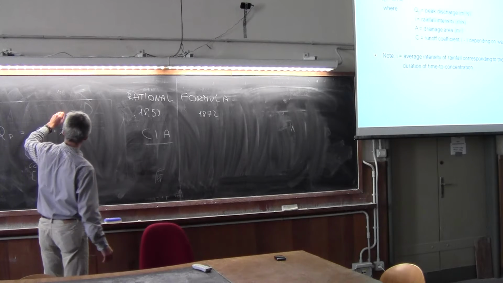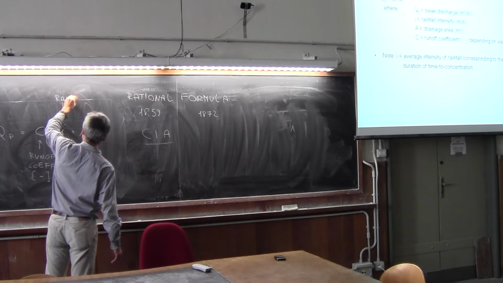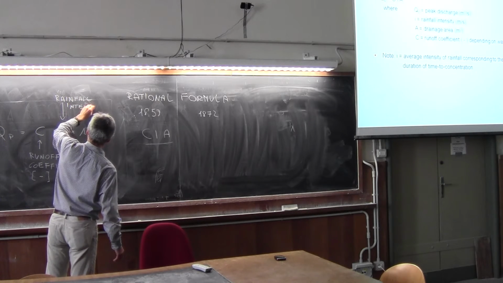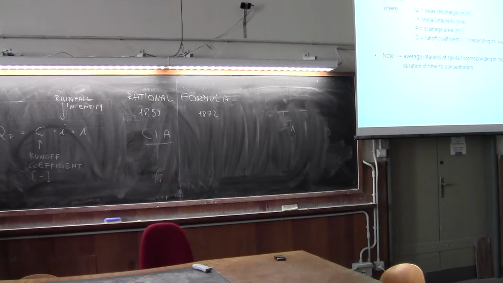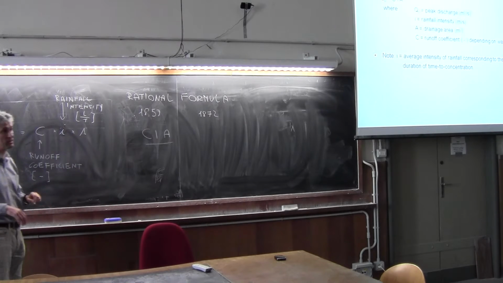The rainfall intensity has units of a length over time. Usually it is expressed in millimeters per hour or millimeters per day. It depends on the time step. It's a length over time, where the length is the rainfall depth. So let's say that it's L over T.